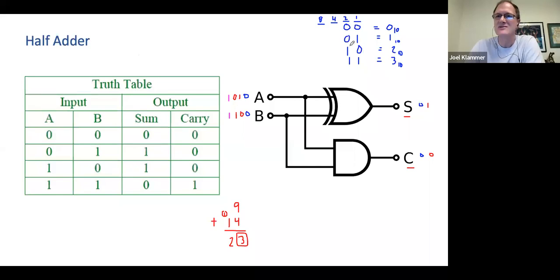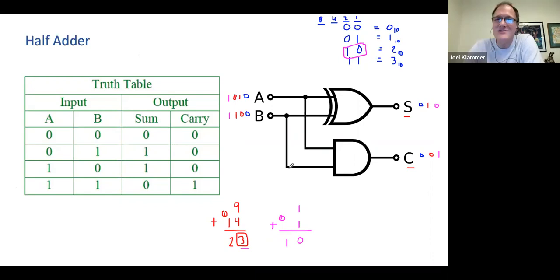Let me write this out. So this is binary addition. What's the sum of these two? The answer is, believe it or not, 0. And then we've got to carry it over to the next digit. And so it gives you 1, 0 in binary. The sum should be 0, that's what goes in this spot right here. And so the carry digit here has to be 1 if you send in those two.